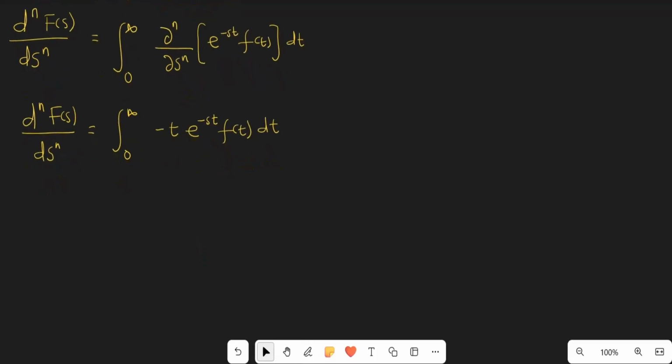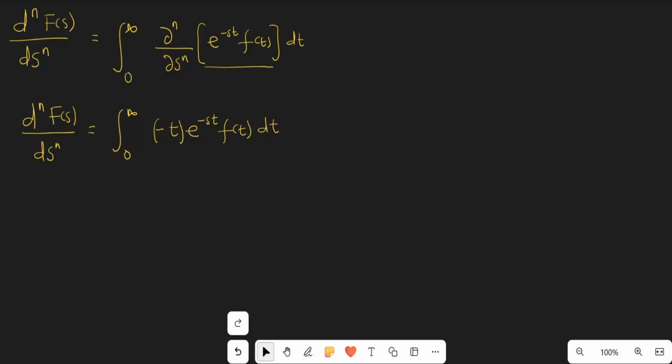But this is just differentiating this function only one time. We have the nth partial derivative of this function with respect to s, n different times. When we do it one time, this is what we get. When we do it for the second time, we get something like this, that is all this raised to the power 2. When we do it for the third time, this is raised to the power 3.